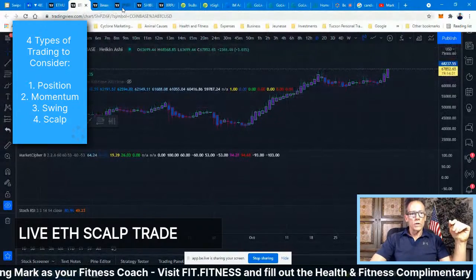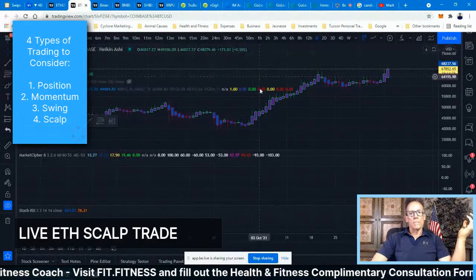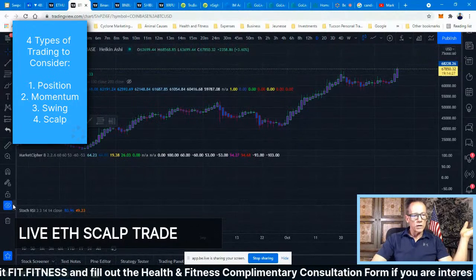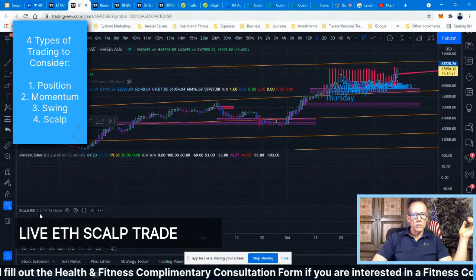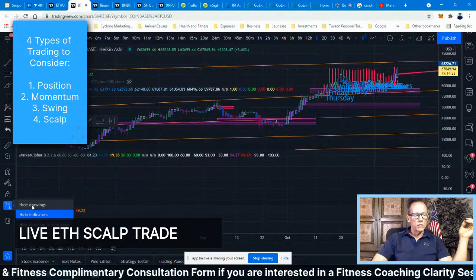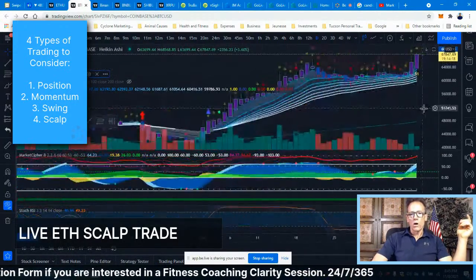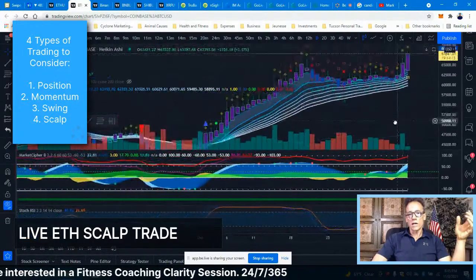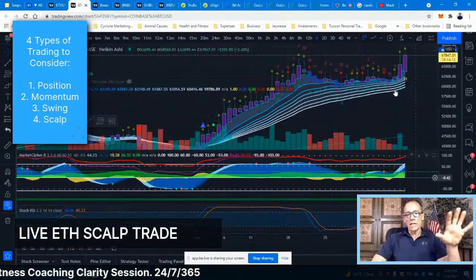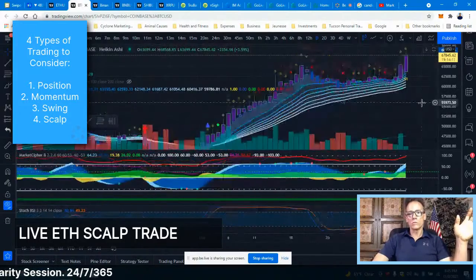And then we have indicators, and drawings. So we have all kinds of indicators. You see how I just added all these different things? They show us what's going on too, right?